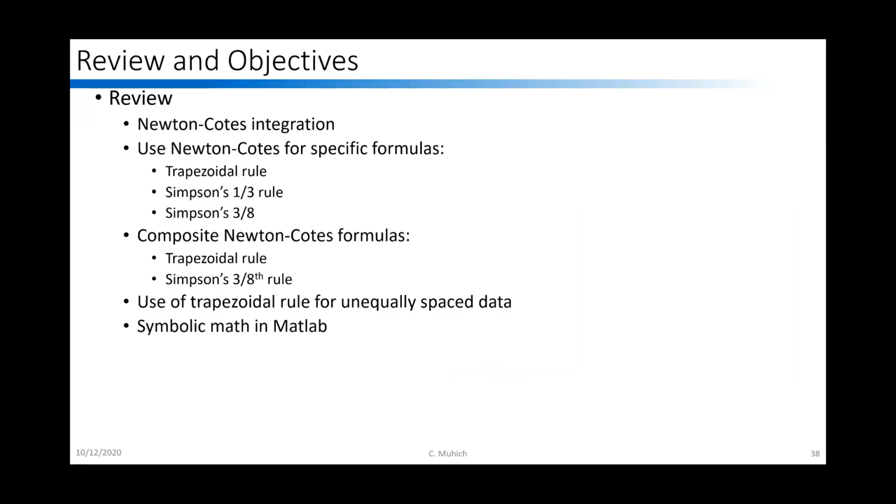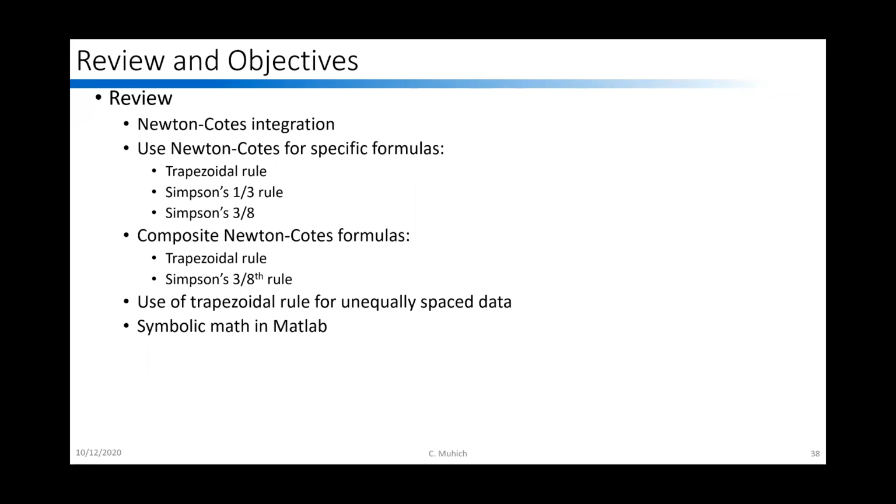With that, I want to review what we've talked about in class. We talked about Newton-Cotes integration, specifically as applied to our trapezoidal rule, our 1/3 rule, and our 3/8 rule. We then talked about how we can make a composite version of this by breaking up the range over which we're integrating into smaller pieces in order to get a more refined answer.